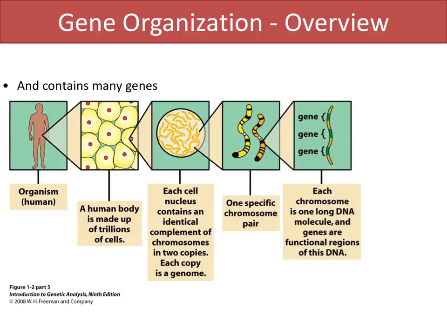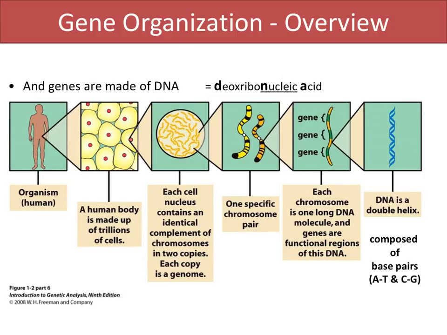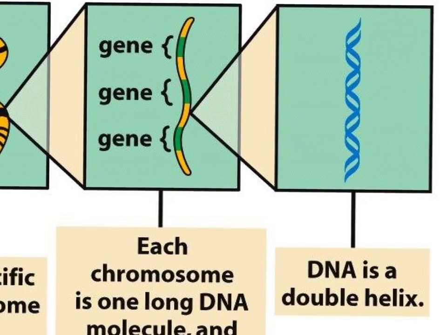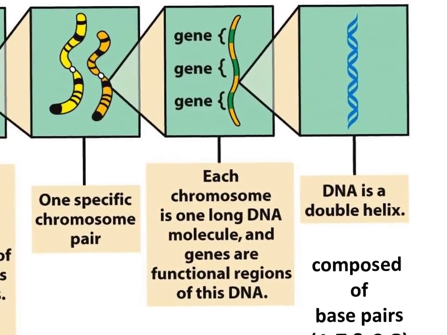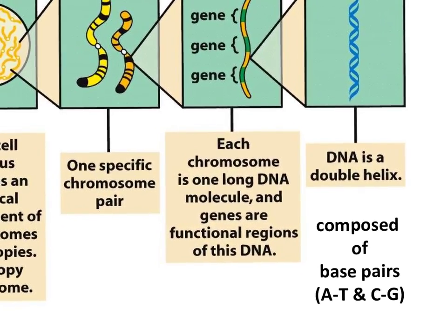Okay, so along the chromosome are genes. Now, not all of the chromosome is actually made up of genes. So, okay, so DNA is a double helix. And the genes are composed of these base pairs called nucleotides.